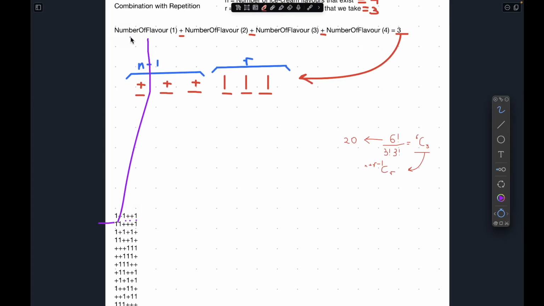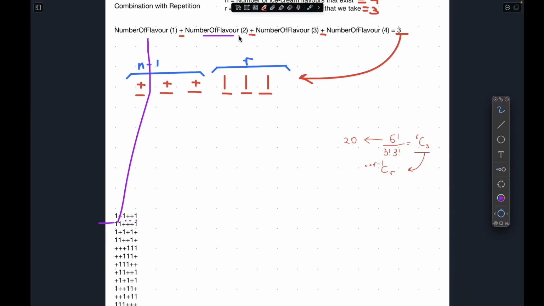So the number of scoops of flavor 1 is 2. For these 2 positions there are no numbers present, so there are going to be 0 scoops, and for the last one there is going to be 1 scoop present, right?